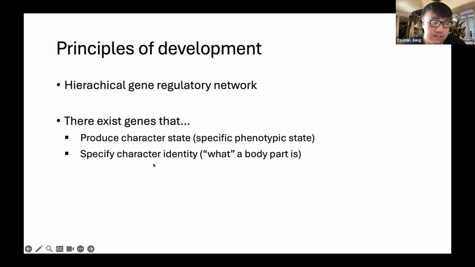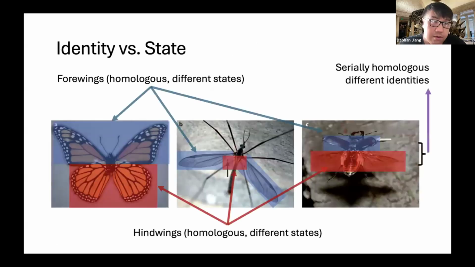And there are also genes that specify character identity, or what a body part is. And what does that mean? So again, in the example of insect wings, forewings and hindwings are two distinct identities. So the forewings of these three insects are homologous organs that have the same identity but different states in these different species. And similarly, the hindwings.